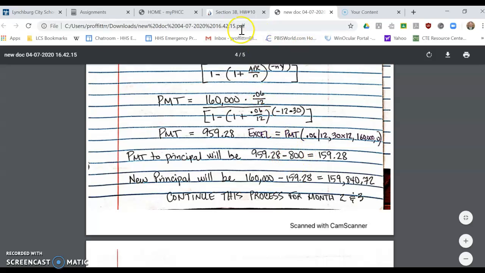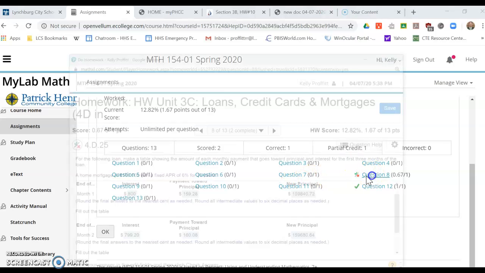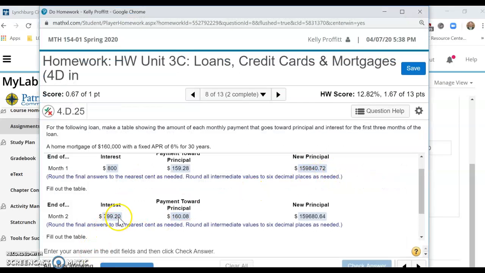What was it? Let's see, where was it? Where did I lose it? Number 8. Oh, $799.20. You subtract the $799.20 from the payment of $959.28, and that will give you the payment towards principal, which is $160.08.